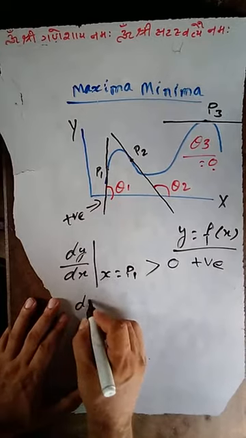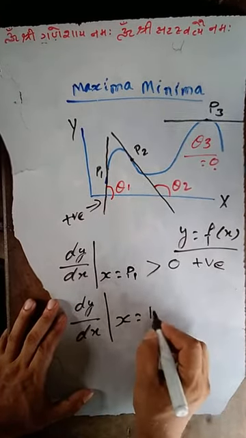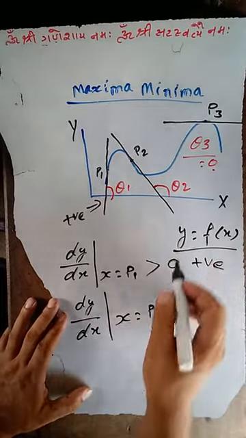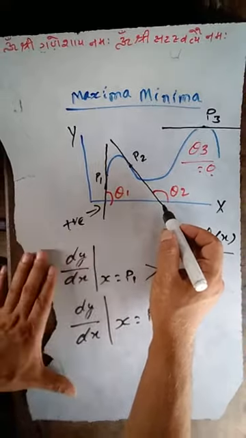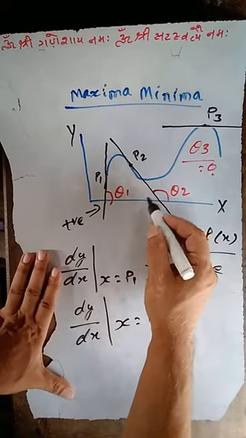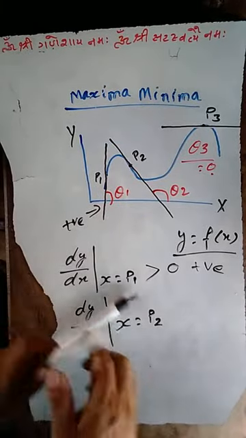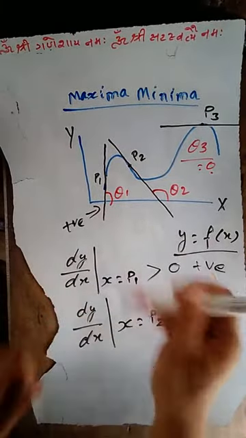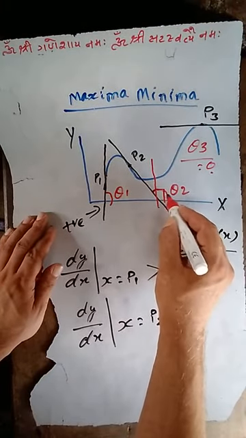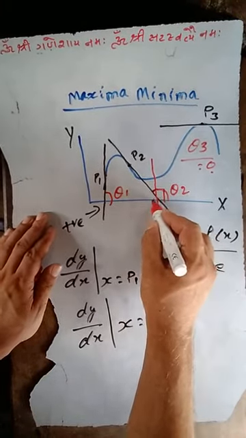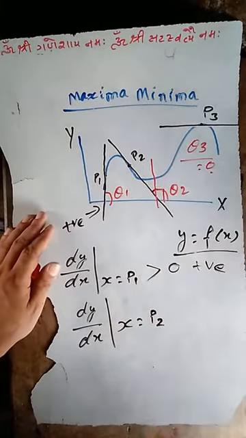Now calculate dy by dx at x equal to P2. Here we find that this angle is greater than 90 degrees and less than 180 degrees. If you draw the angle here, this is the 90 degree line and this is the 180 degree line, so the angle is greater than 90 degrees and less than 180 degrees.